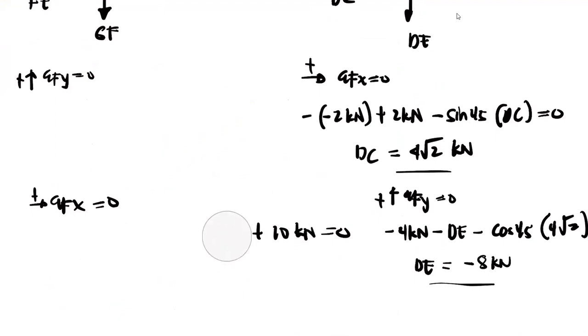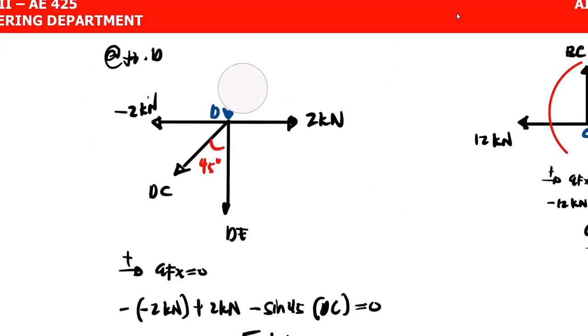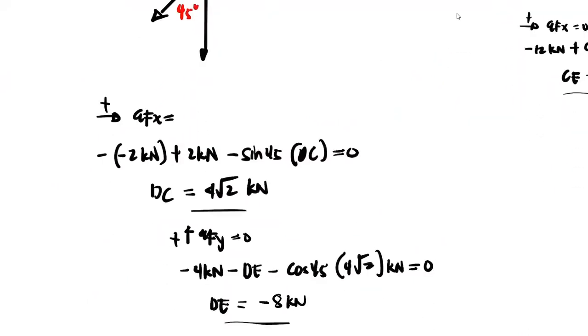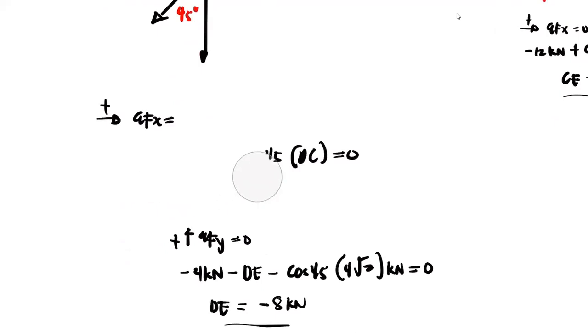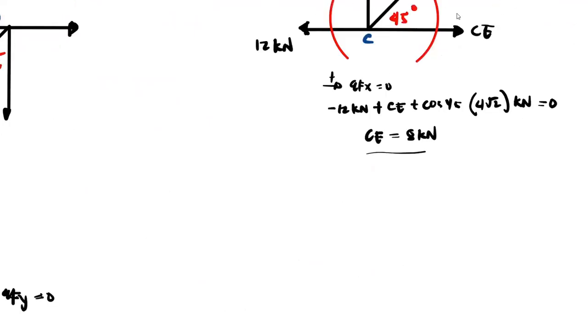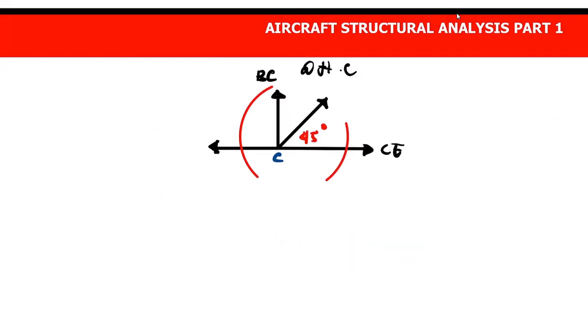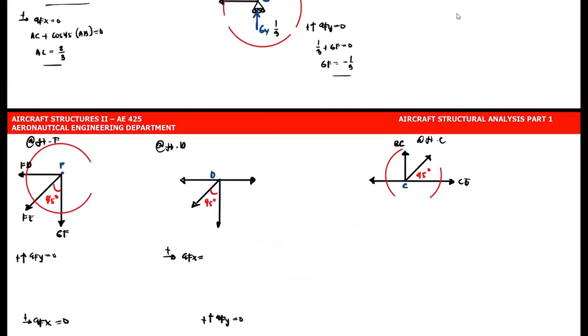Okay, this one. And also sa joint D, no, burahin natin mga given. Okay. Okay. Next is a joint C, burahin natin. Okay, yan. So yan yung mga joints natin.